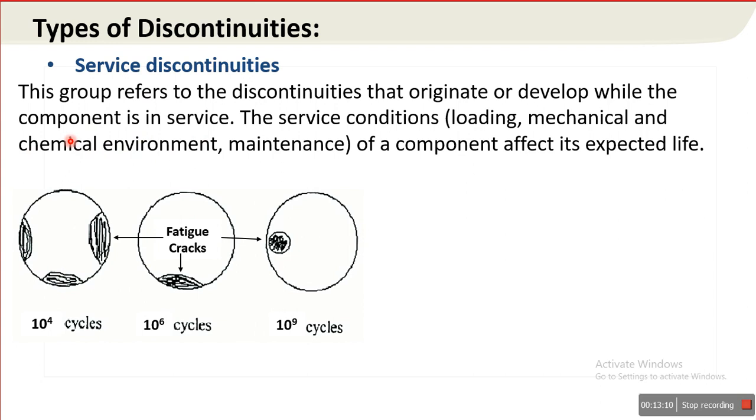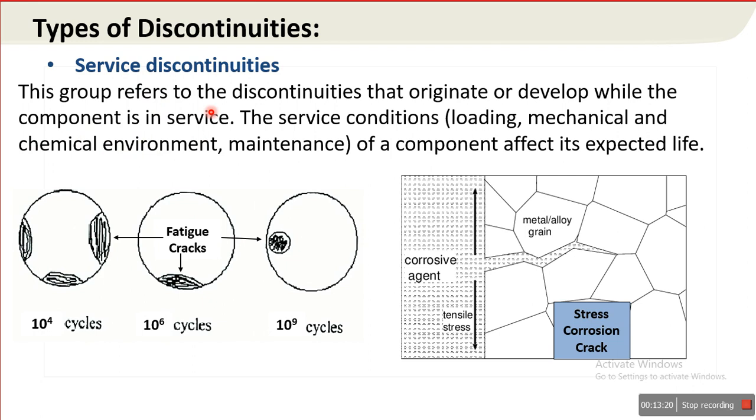Fatigue, the crack of fatigue or the failure of fatigue can be treated as service discontinuity. This is the example of crack generation due to an extreme corrosive agent at one end of the component.